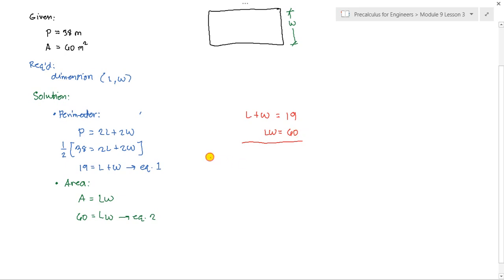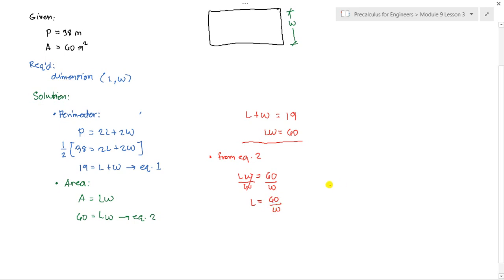So using the method of substitution, from equation 2, we have length times width is equal to 60. I am going to divide both sides by w, so that we have an expression for length that is equal to 60 over w.